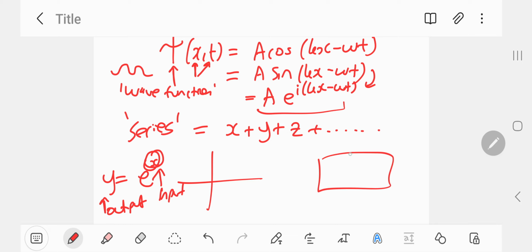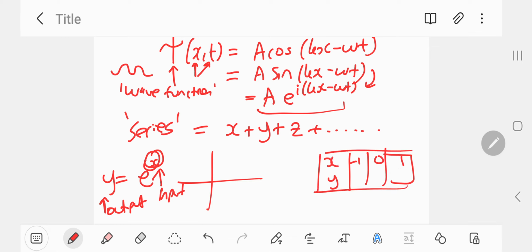When you draw a table of values, you can sketch an exponential. Let's say from -1, 0 to 1. If you plug x is -1, x is 0, x is 1 into this relation, you can work out how to plot it, and it typically looks something like this. It intersects the y-axis at y equals 1.